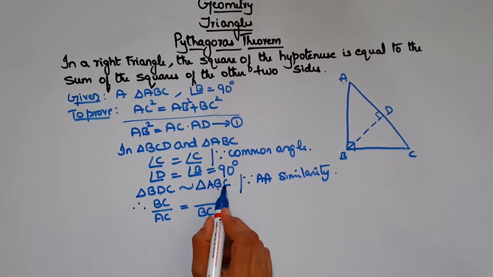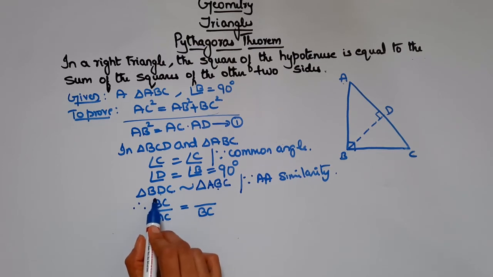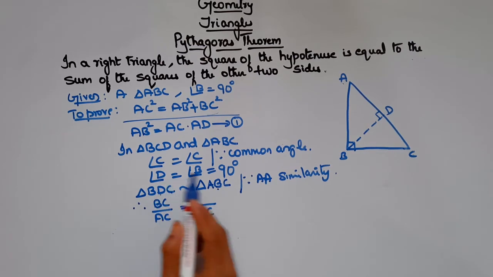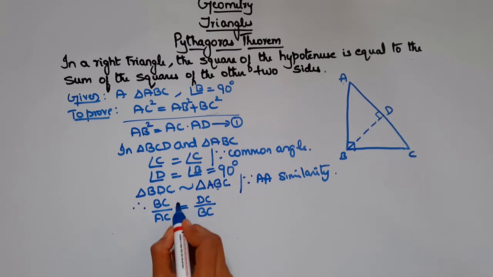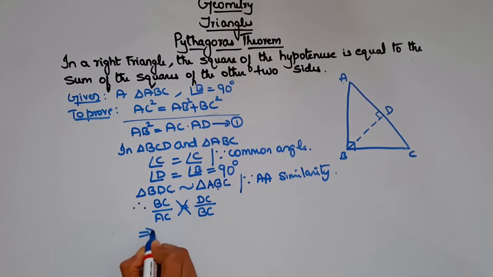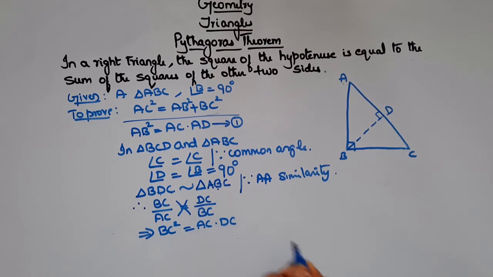So if you take BC from this triangle, the numerator is for this triangle, right? So that will be DC. So now the ratio of corresponding sides are BC by AC equal to DC by BC. You can also write that is equal to DB by AB, but that is not required, right? So when you cross multiply, this implies BC square is equal to AC into DC.